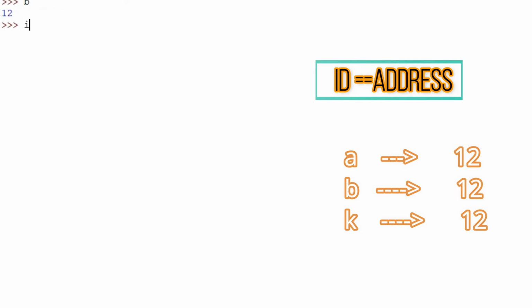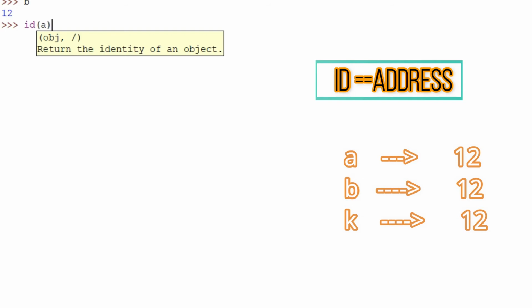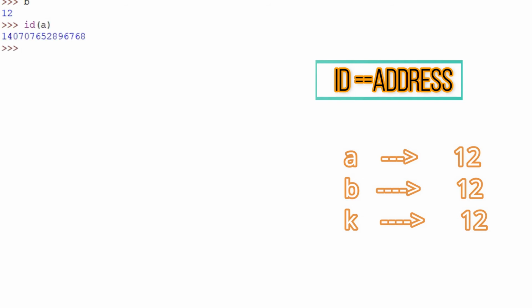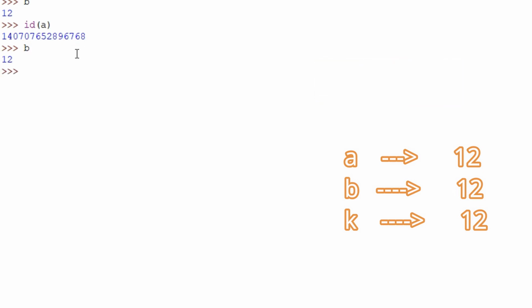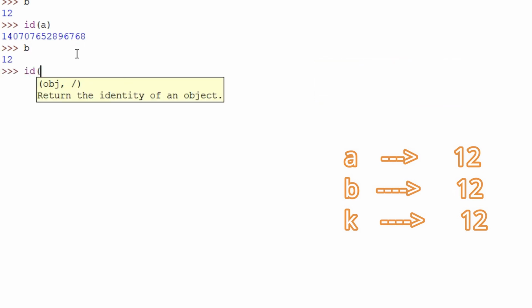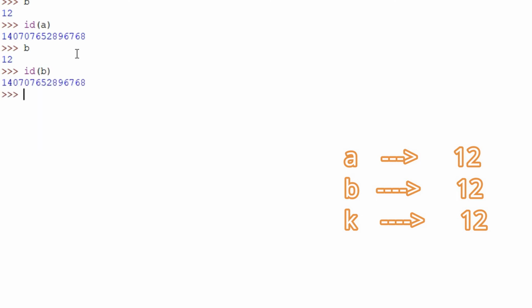The address of a is the same as mentioned previously. Now what is the id of b? If I take the address, it is the same. It means that for the value 12, both variables a and b are assigned.